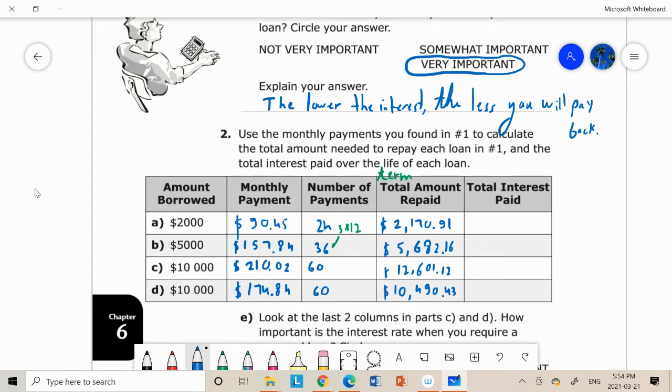And the total interest paid is the total amount repaid minus the amount borrowed. Right? The difference is the amount we paid just for interest. Here it's 170.91, 682.16 in the second case, 2,601 in the third case, and the fourth one, interestingly, much lower compared to the third, right?